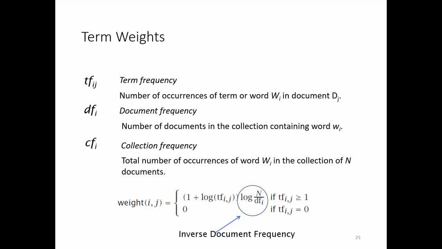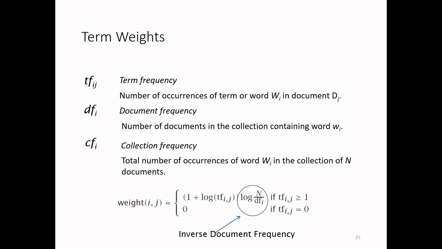Let us define term frequency as TF sub ij, which tells us how many times word wi is present in document dj. So we have the jth document, and we are looking at the ith word, and we count how many times that word is present there. Let that number be TFij.